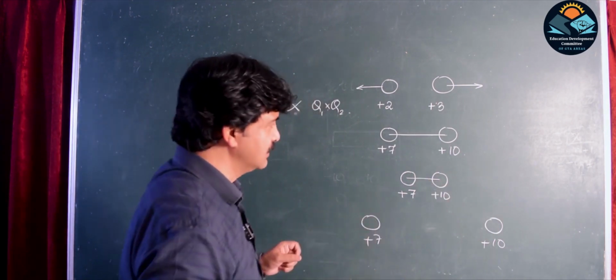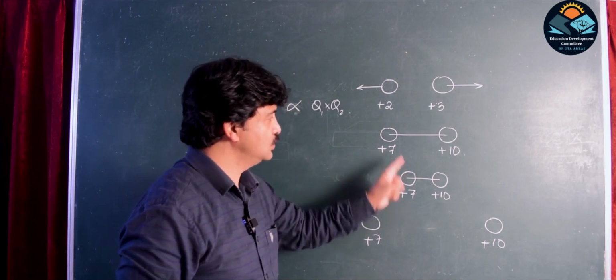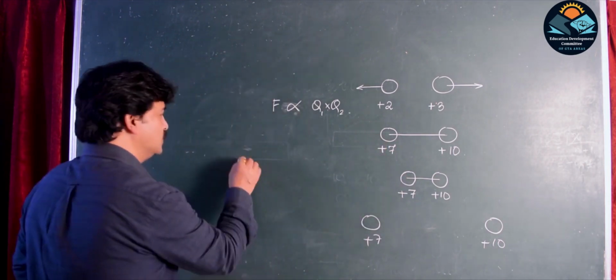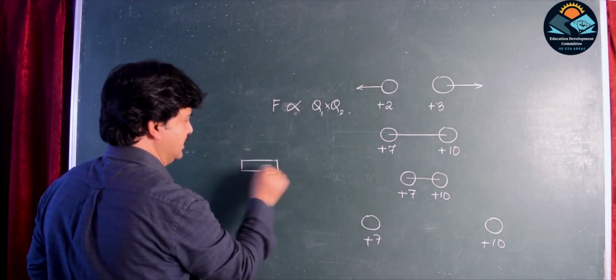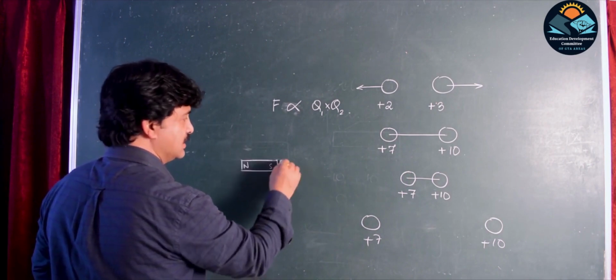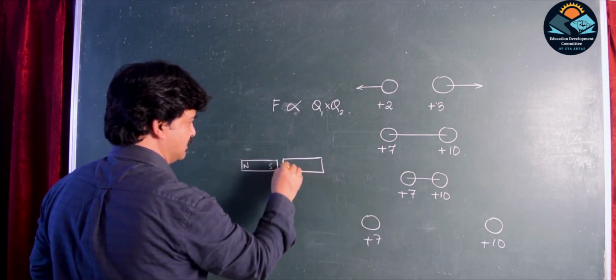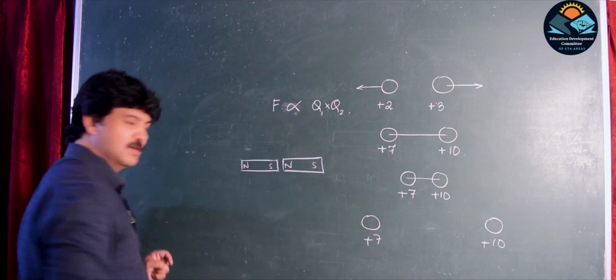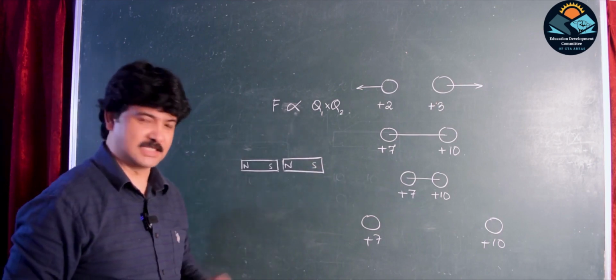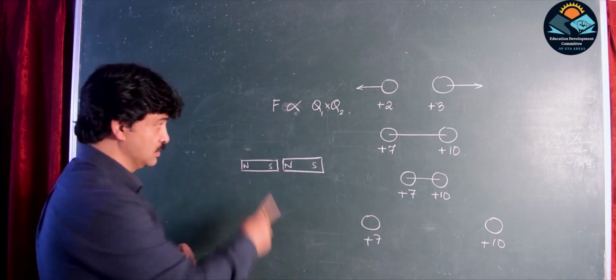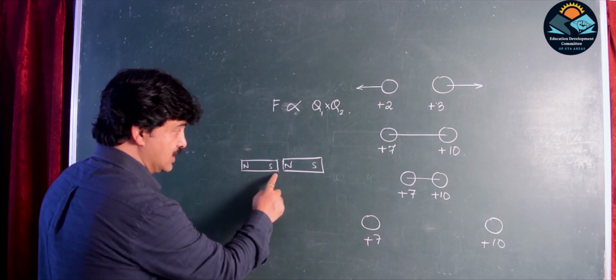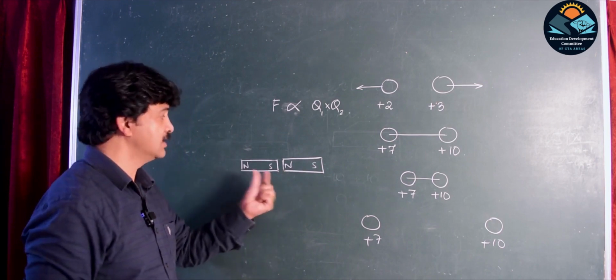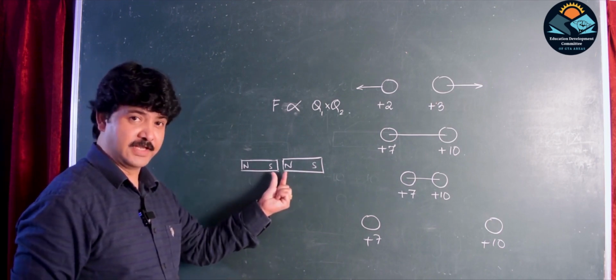So imagine that you have two magnets out here: north, south, north and south. Now, these two magnets are placed close to each other. Since the opposite poles are here, what kind of force will be there?